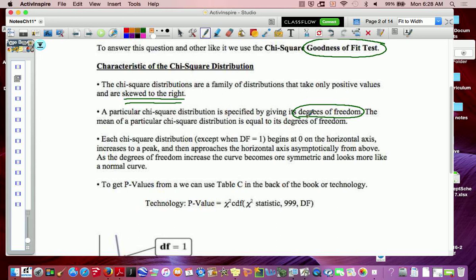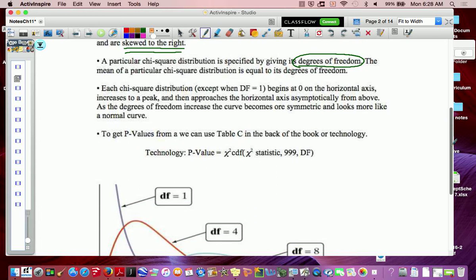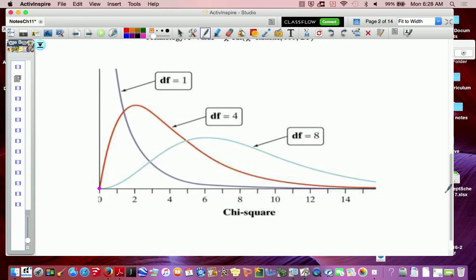So, a chi-squared graph will always begin at 0 on the x-axis except for the degrees of freedom of 1. When that happens, you have almost like an inverse variation model, so that's your chi-squared curve. But if you look here at degrees of freedom of 4, degrees of freedom of 8, you get a skewed to the right distribution.